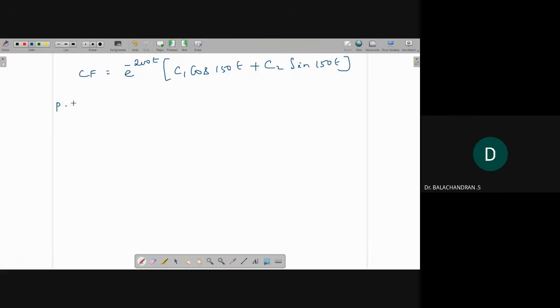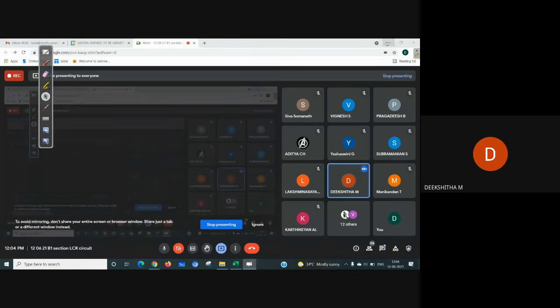Particular integral. What is the particular integral? Anybody got the particular integral? 1 by 250 into sine 250t. Yes, correct, Dikshita.